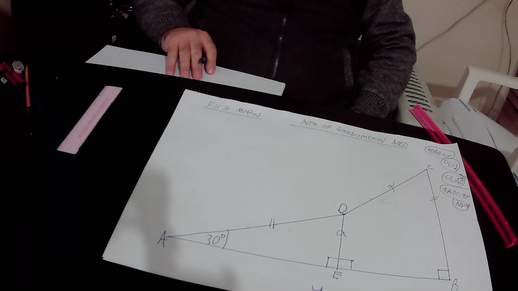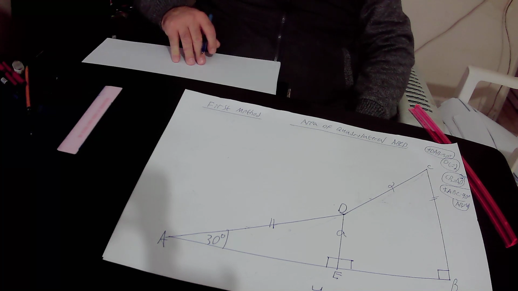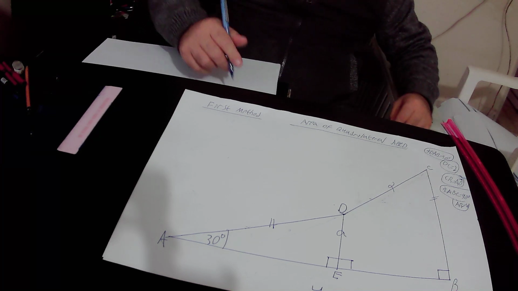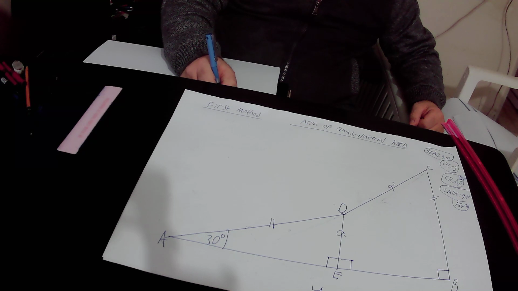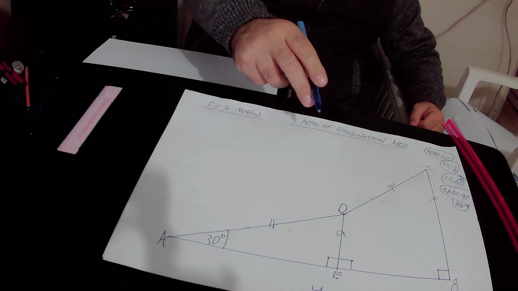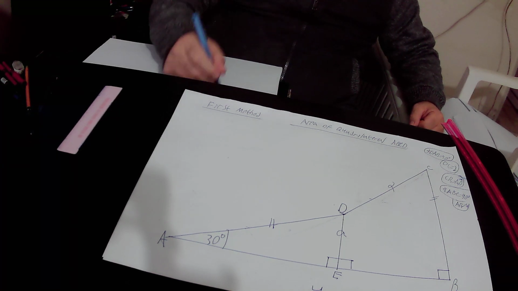On the right triangle AED, sine 30 degrees equals ED over AD.